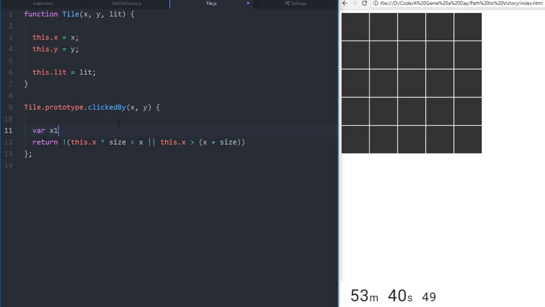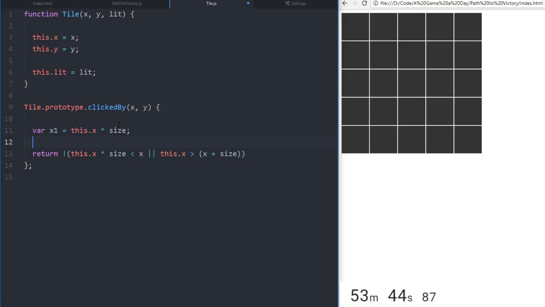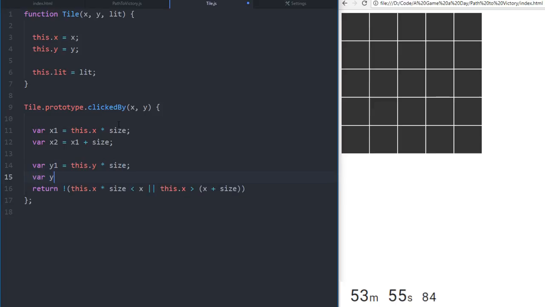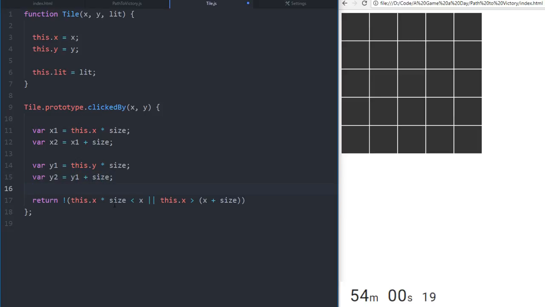Var x1 equals this.x times size. Var x2 equals x1 plus size. Var y1 equals this.y times size. Var y2 equals y1 plus size. Those are the bounds.